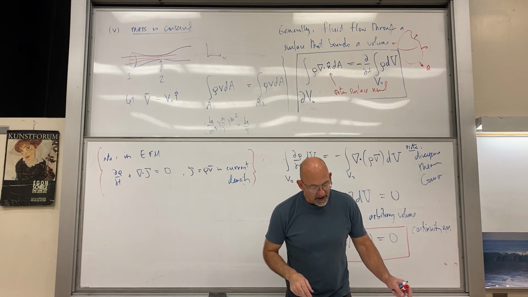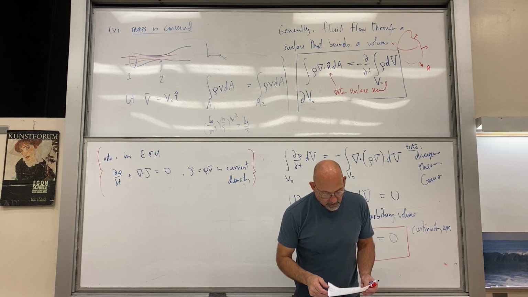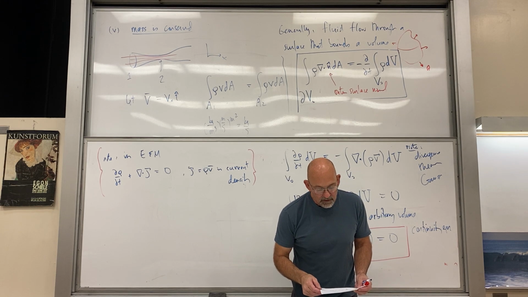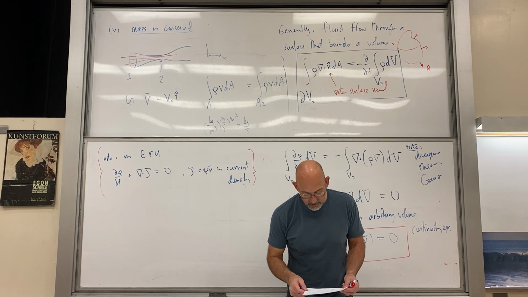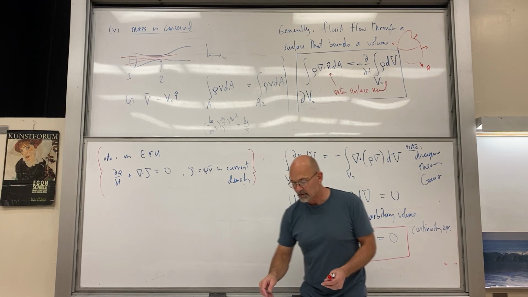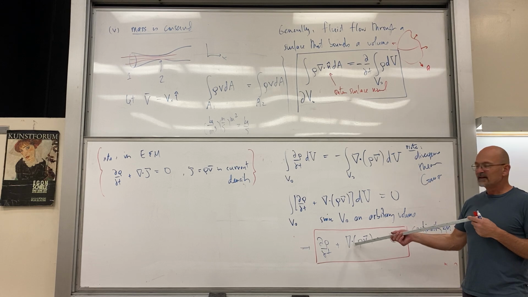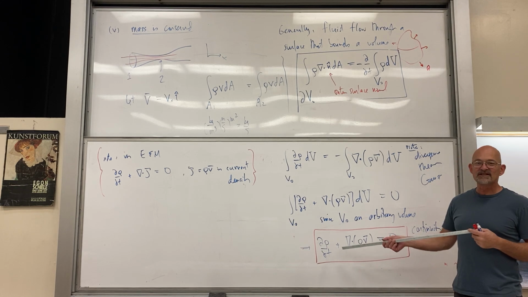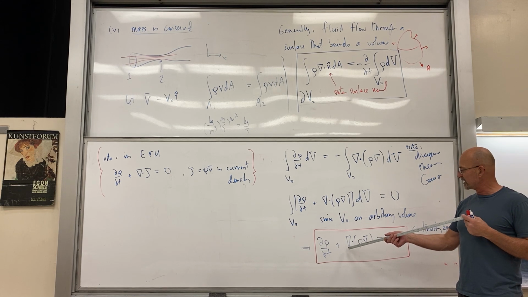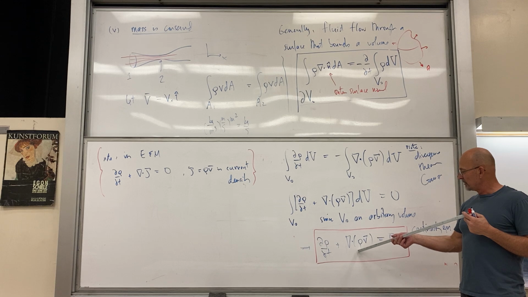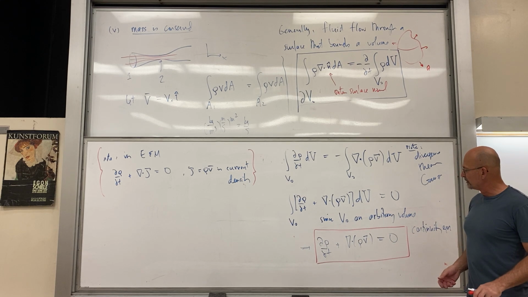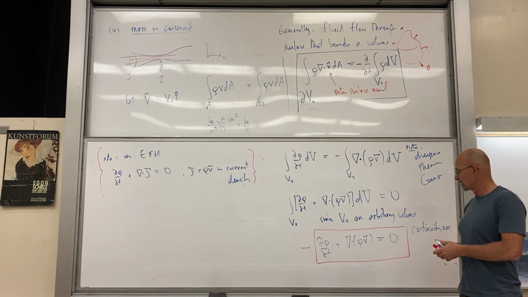Now we have an application that we're actually very important note here. We're going to go ahead and talk about Liouville's theorem that we had in classical mechanics a couple weeks ago, because we talk about incompressible fluids. Okay.